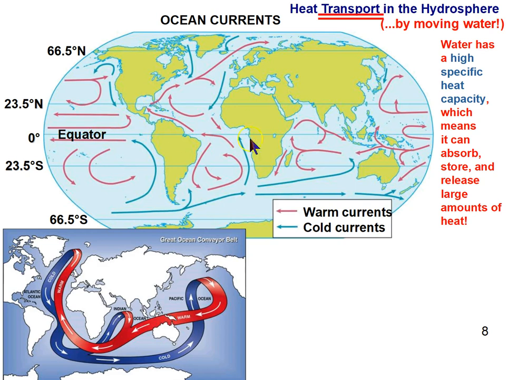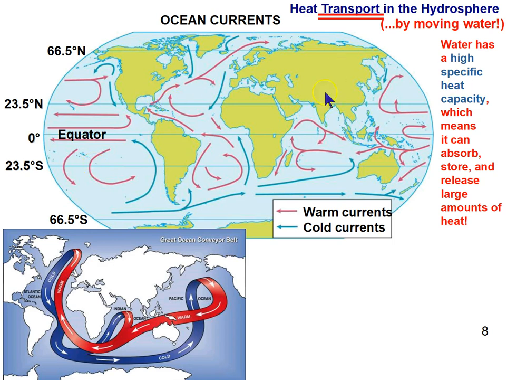Water is really good at transporting heat around, as it says here, because of its high specific heat capacity, which means, and we're going to learn this when we study chemistry and aqueous chemistry, which is the chemistry of water. High specific heat simply means that water is really good at absorbing energy and storing that energy, and then that energy is slowly released.